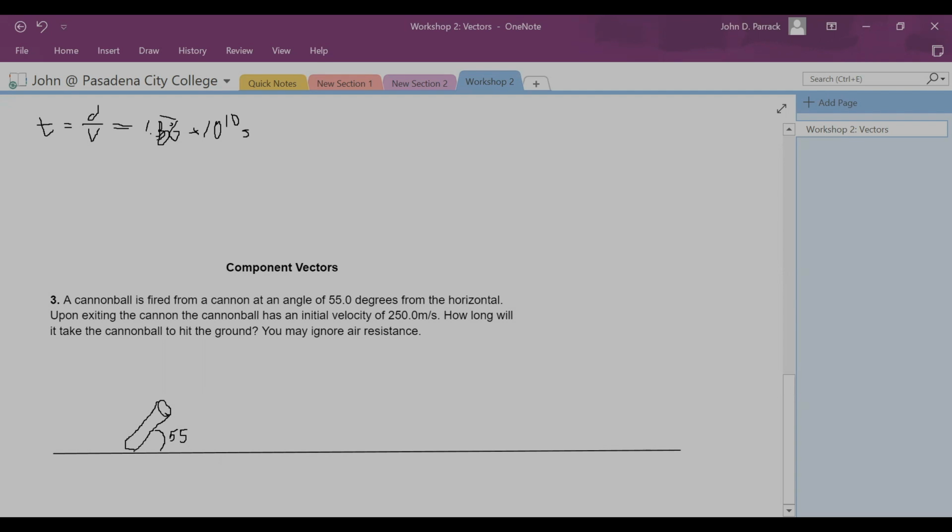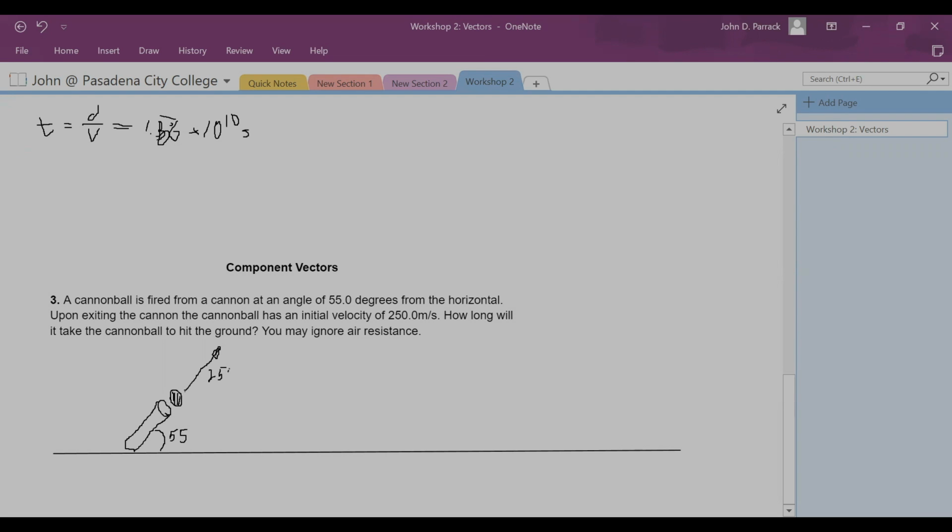This is the angle that our cannon is firing at. So there's my cannon. And we imagine it fires this cannonball. And we learned that the initial speed of said cannonball is what? It's got the velocity of 250 meters per second.